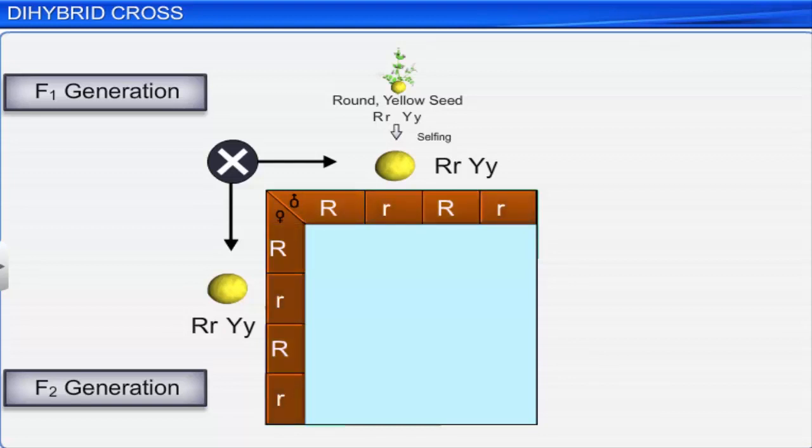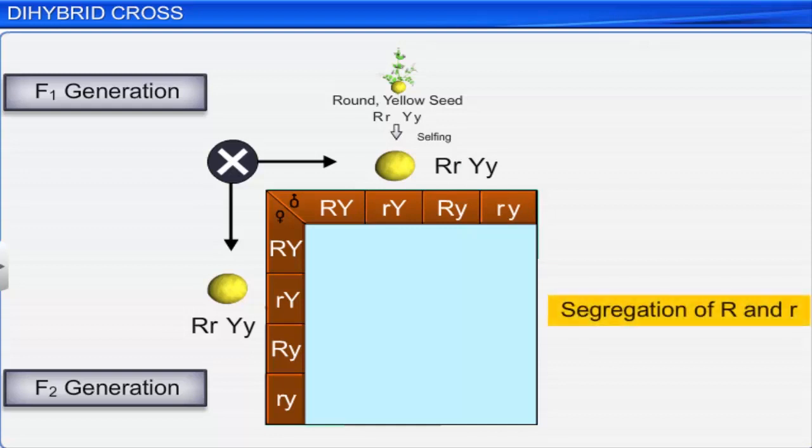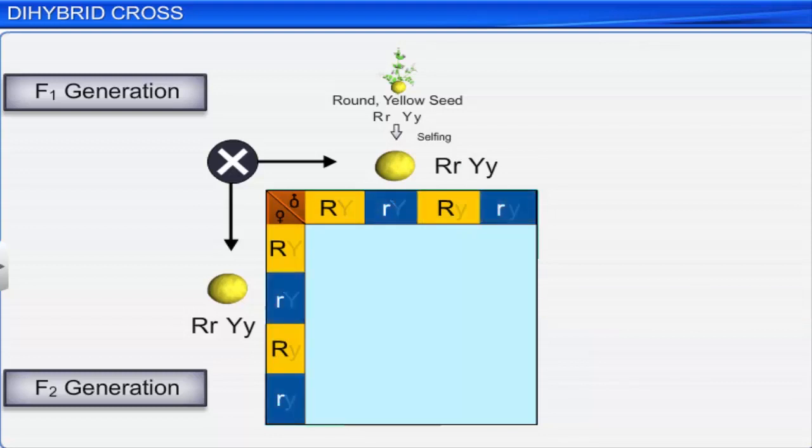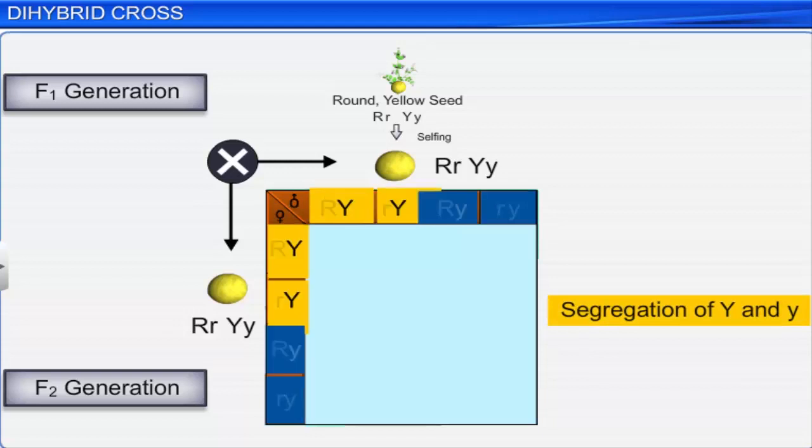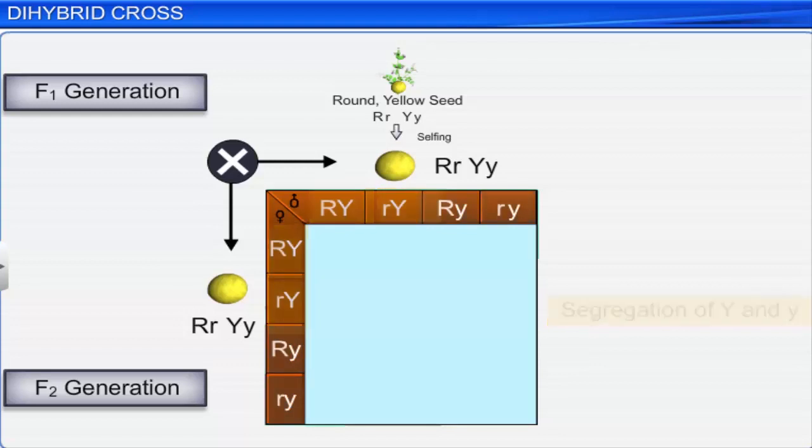Now, apart from each gamete having either capital R or small r, it must also have either capital Y or small y. Here, it is important to note that the segregation of 50% capital R and 50% small r is different from the segregation of 50% capital Y and 50% small y. Hence, 50% of the gametes bearing small r has capital Y, and the remaining 50% has small y.